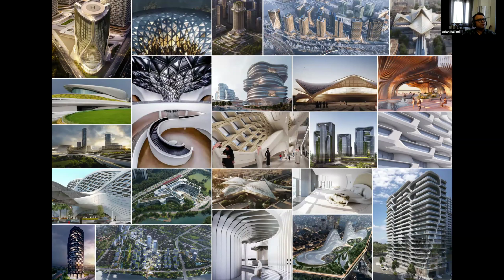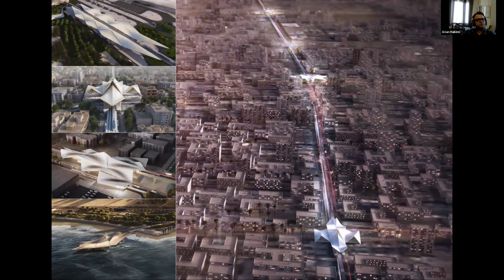One of them was this competition, which was redesigning the entire Riyadh transportation system. I guess it was about 150 metro, overground stations, bus stations, train stations, ferry stations.